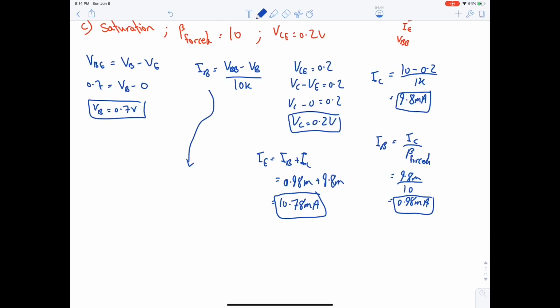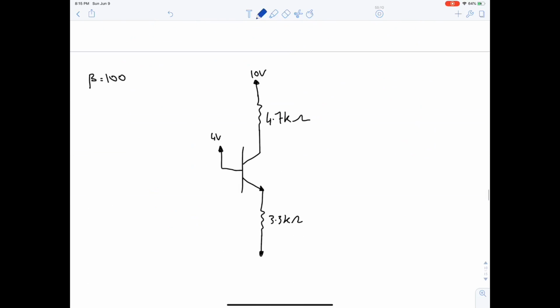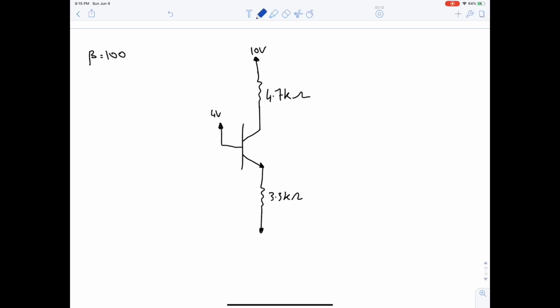Okay, so let's find VBB. It will be 10K multiplied by 0.98 milli plus 0.7, which is VB. This will give us 10.5 volt. Okay, so we have finished this question. Moving on.